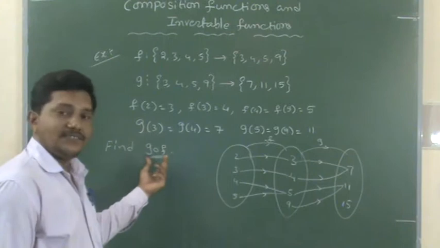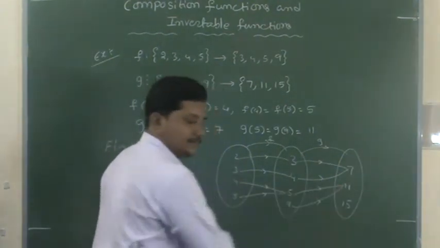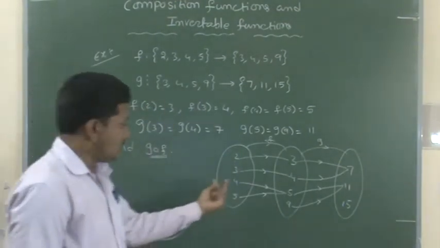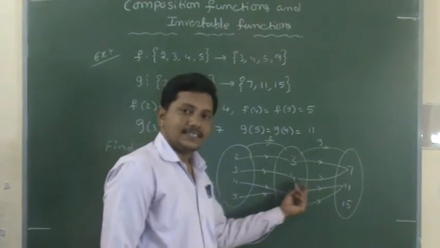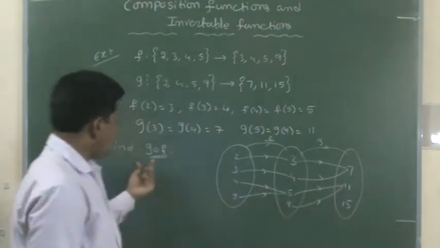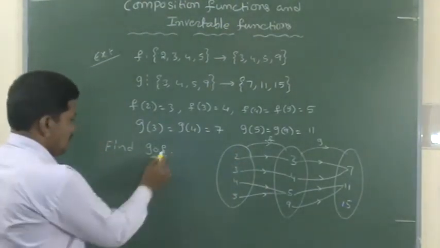This is X, this is F of X, this is G of F of X. That is nothing but G circle F. So I want to find those elements.